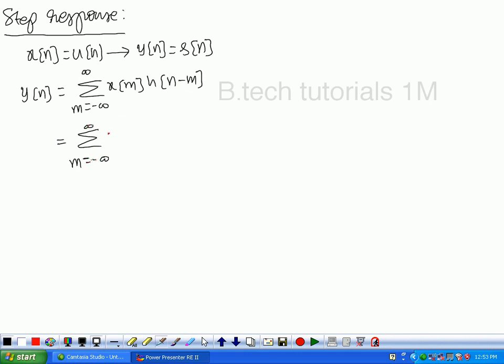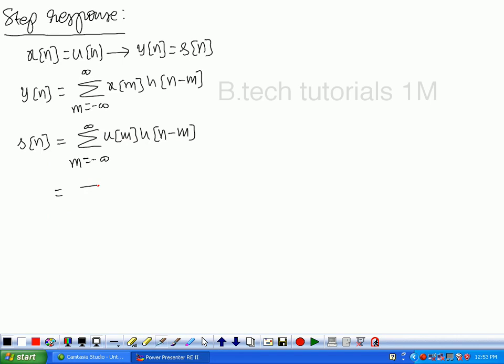What is x of m? x of n is u of n, so x of m is u of m. Is it? This is h of n minus m. See, when the input is u of n, the output is called s of n, the step response.